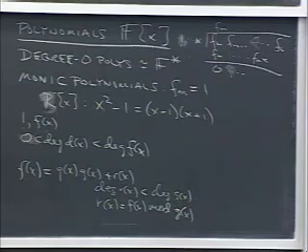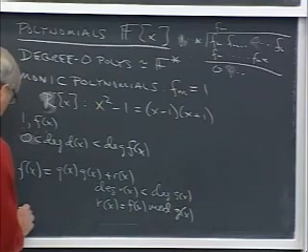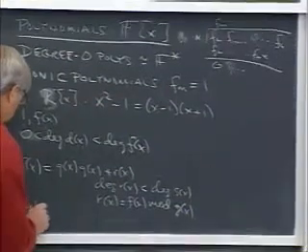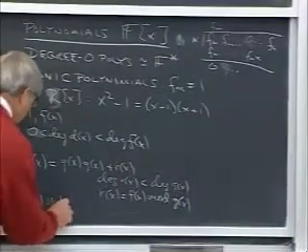And basically the assertion is that r of x, s of x, reduced mod g of x.